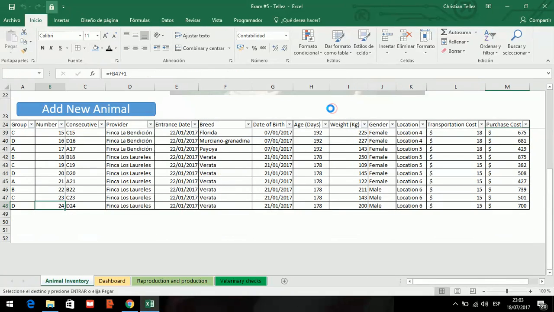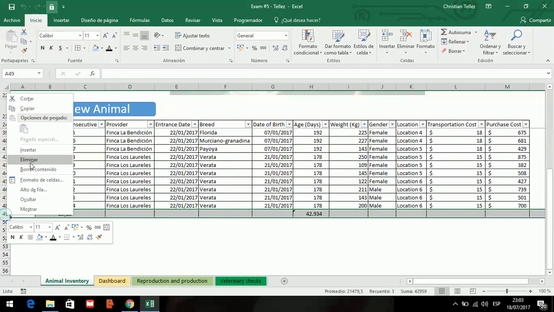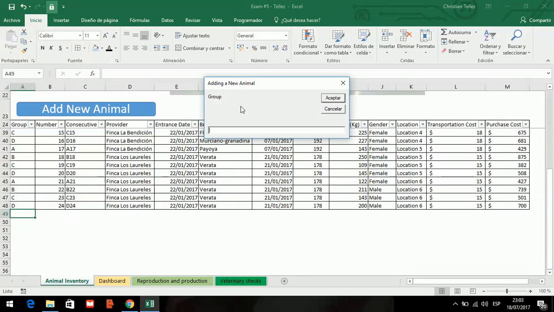I will show you where it will put all the information here. I think this is a mistake I have to correct, but in this case we will put the information in row 49.